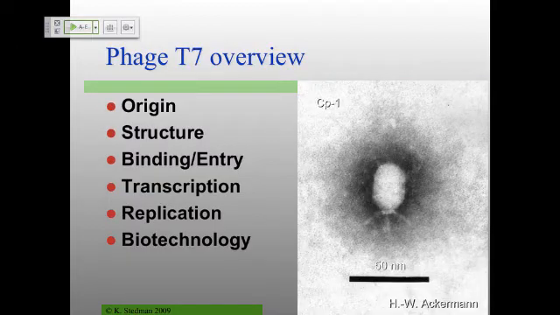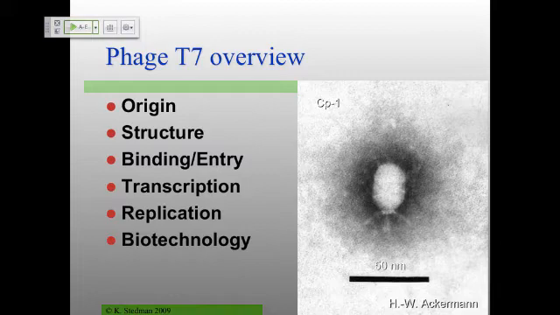So again, outline of what we're going to talk about today. Where do these T phages come from originally? What does the structure look like? It's actually really convenient because the T7 phage has a T equals 7 icosahedrally symmetric major capsid.